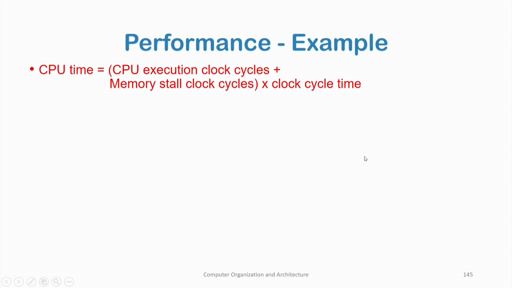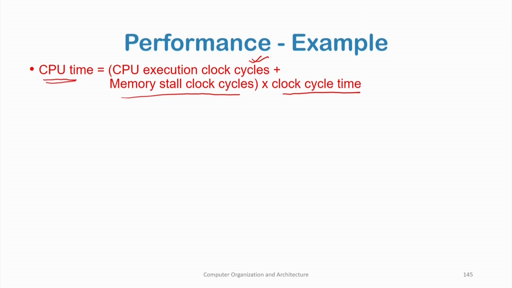So, CPU time taken per instruction, let us say CPU time is given by the CPU execution clock cycles, the number of cycles in which the CPU is doing work, plus the memory stall clock cycles into clock cycle time. So, number of clock cycles in which the CPU is working plus the number of memory stall cycles in which it is waiting for data or instructions.